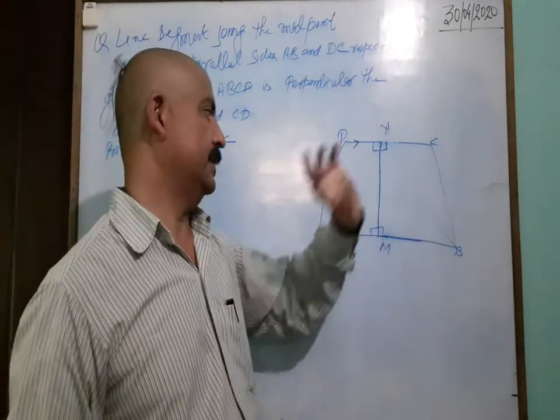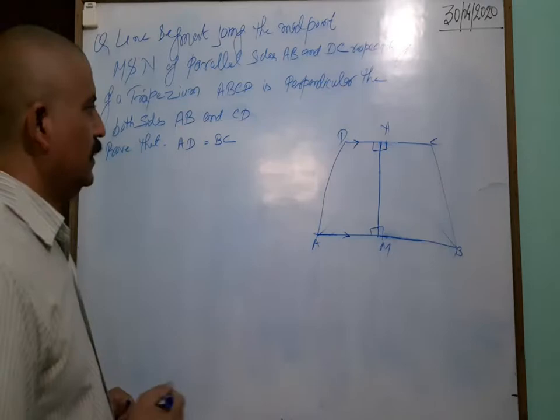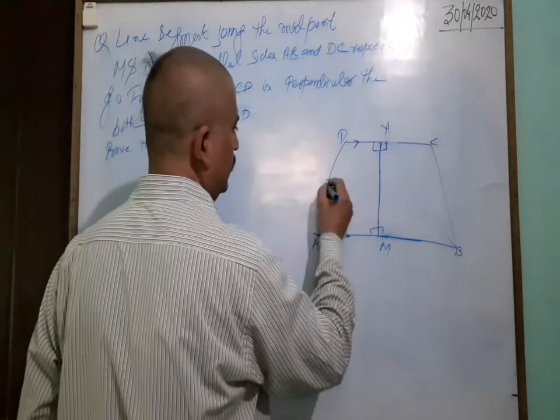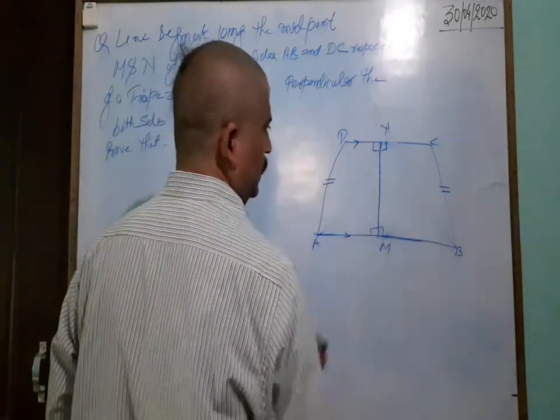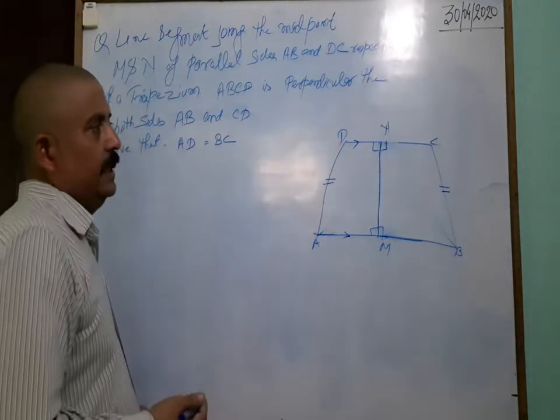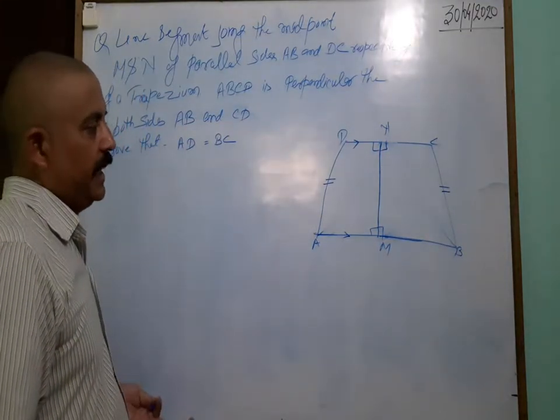So how to prove that? In the triangles chapter we do not have any such triangle, so we just construct.